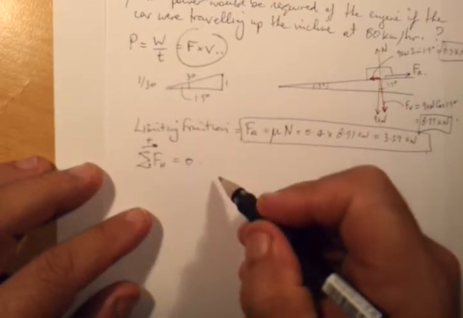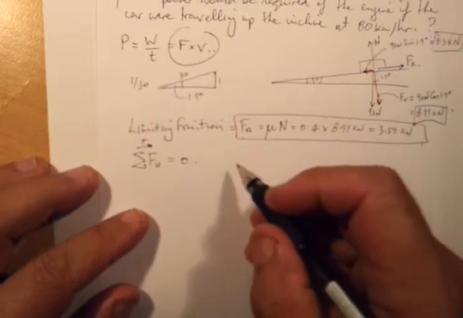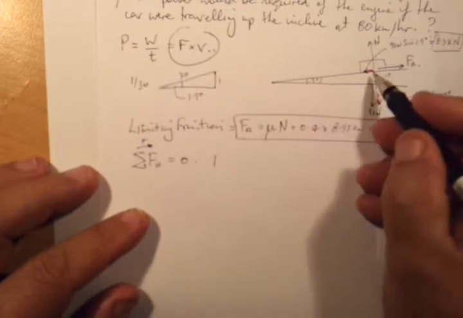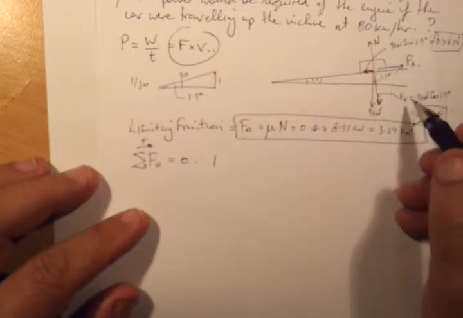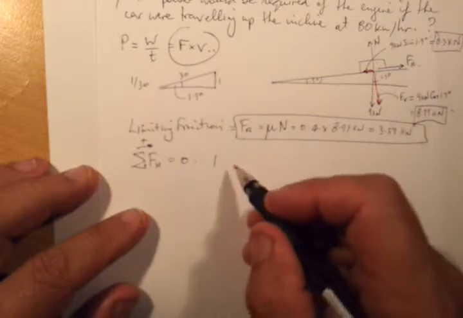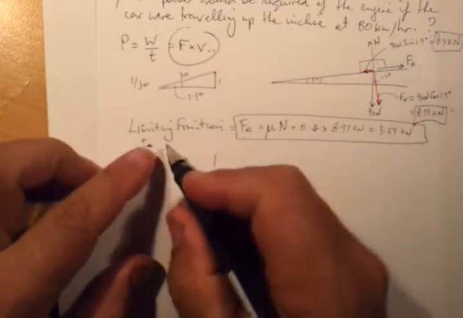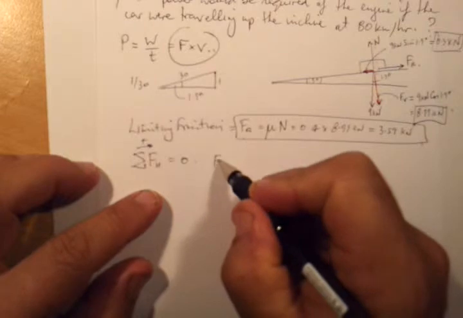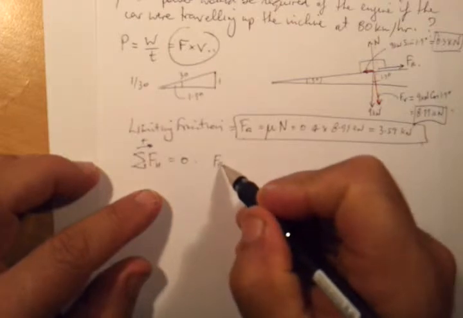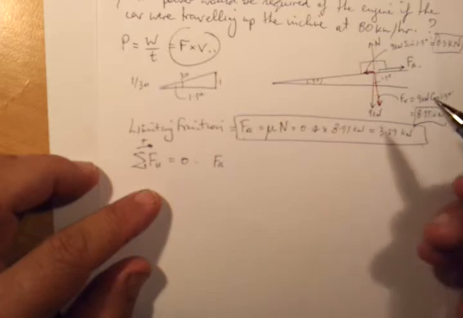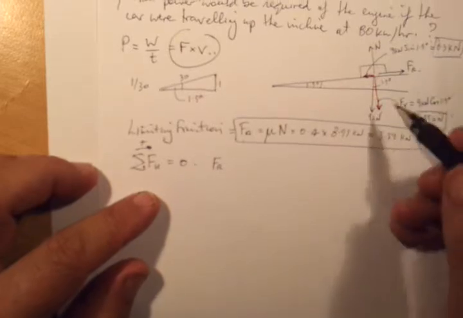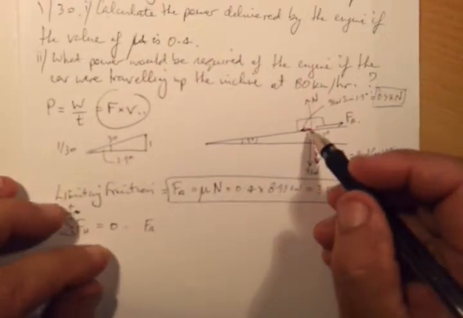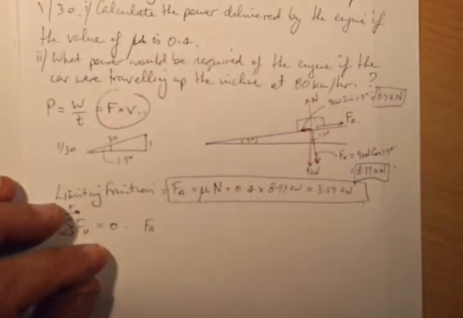Now that translates down to the fact that, let's look at the forces that we have here. We've got FR, now this way is positive, so FR, the frictional resistance force. One more thing I forgot to add onto this diagram, just looking at it here now and realizing, we also have a motor.